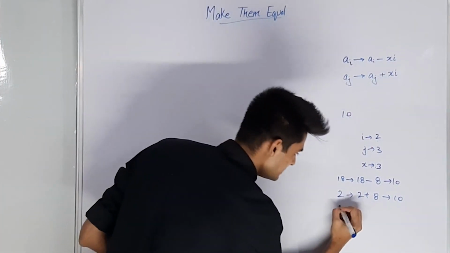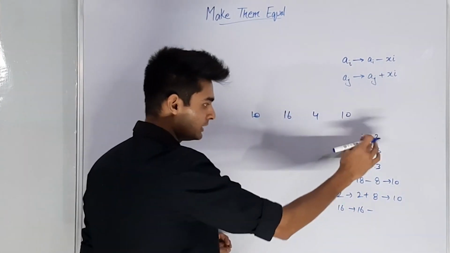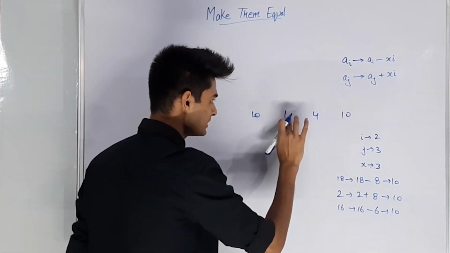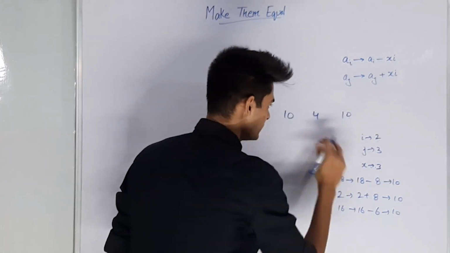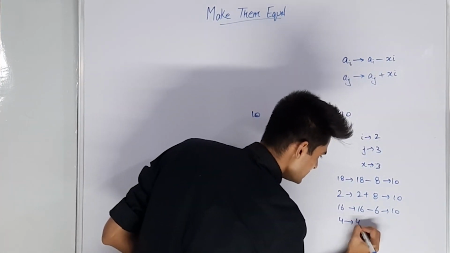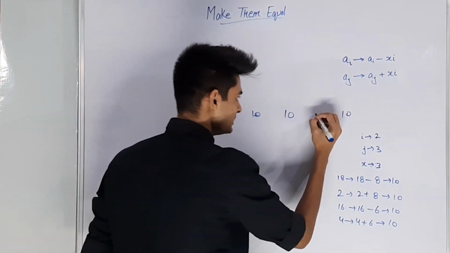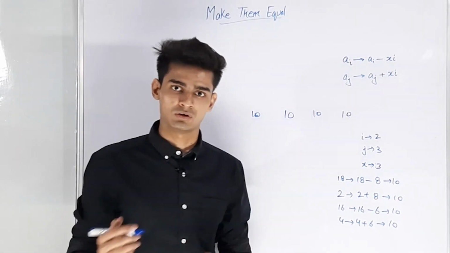So basically 16 becomes 16 minus x times i. So x times i is 3 times 2, that is 6, so this becomes 10. And a_j should become a_j plus x times i. So we have 4, which becomes 4 plus 6, which again becomes 10. So now we can say that this array is equal and therefore we have a solution.